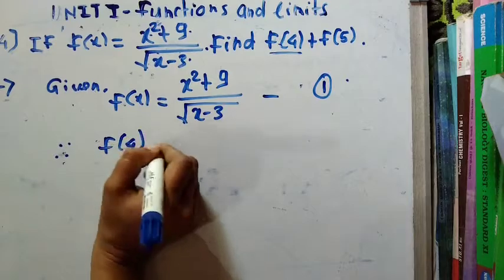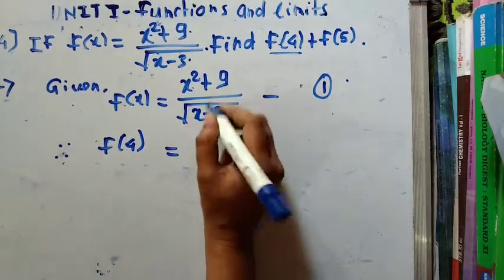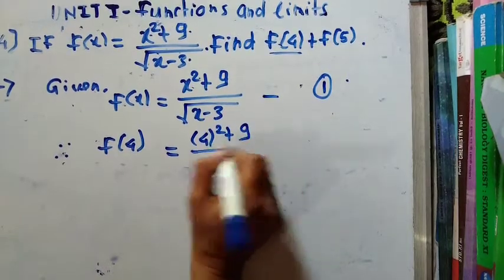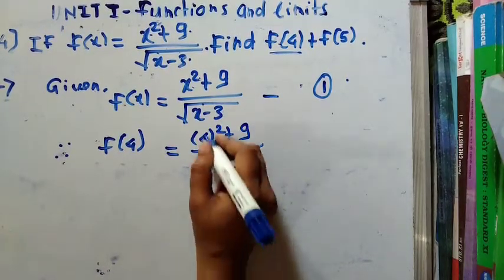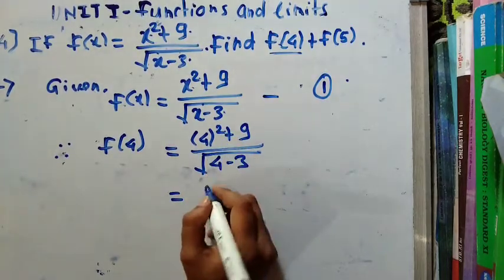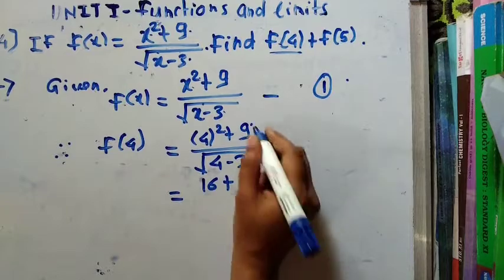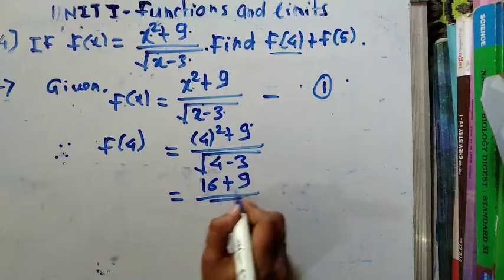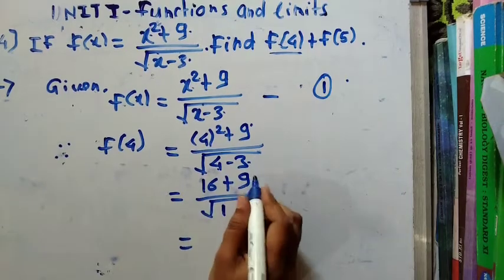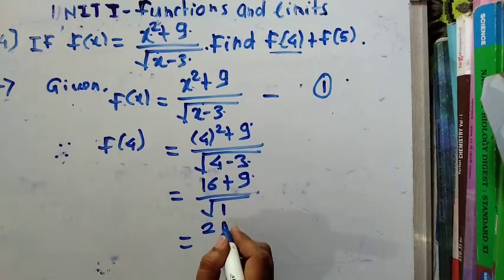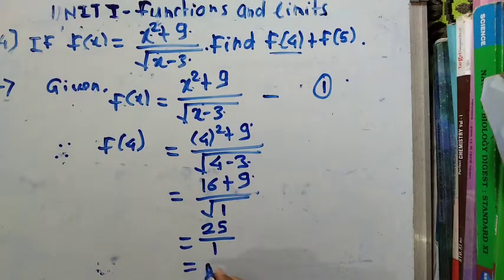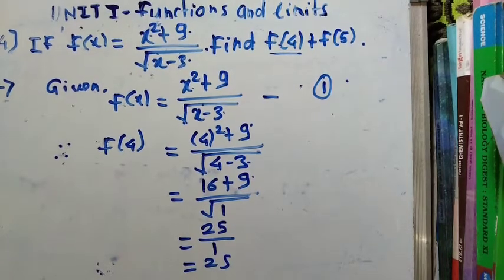So f of 4 is equal to 4 square plus 9 divided by square root of 4 minus 3, which is equal to 4 square is 16 plus 9, divided by square root of 4 minus 3 is 1, and 16 plus 9 is 25, and square root of 1 is 1, which is equal to 25.